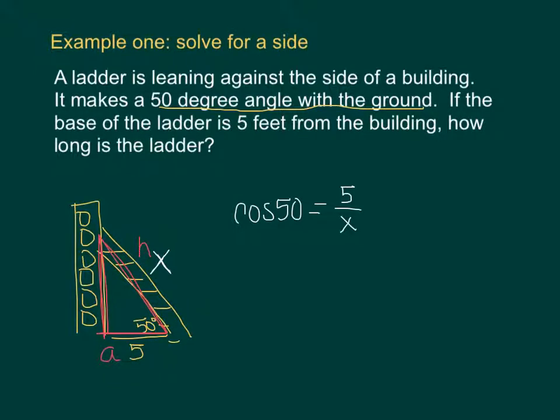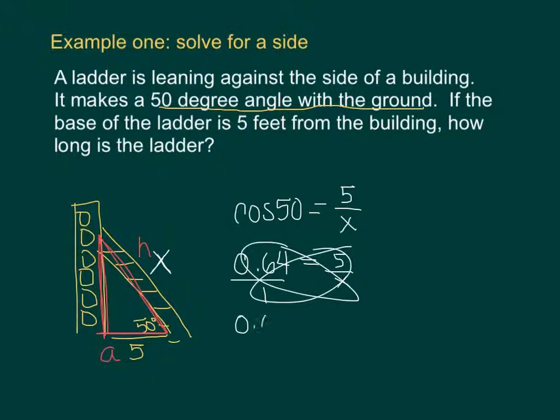Excuse me, and cosine of 50 is 0.64 equals 5 over x. Put that over 1. Cross multiply. 0.64x equals 5. Divide both sides by 0.64. And I'm left with x equals 7.8 feet.